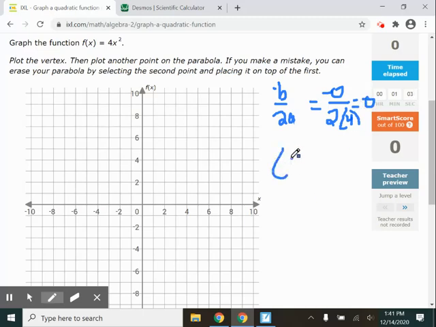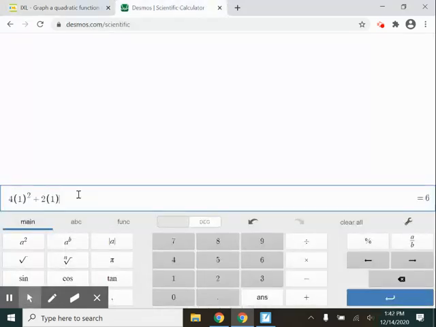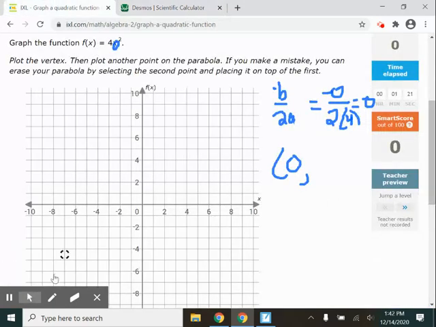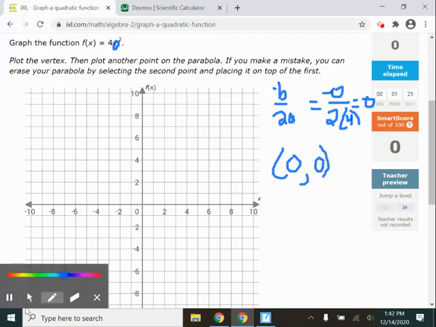So my vertex, the x coordinate is 0. If I plug 0 in for the x here, we can go back and check that on Desmos to make sure. 4 times 0 squared still gives me 0. So the y coordinate there is also going to be 0. That's what I'm going to plot first.